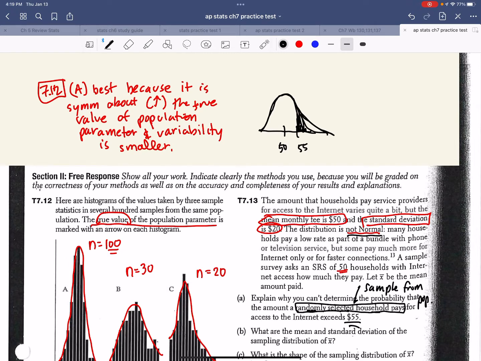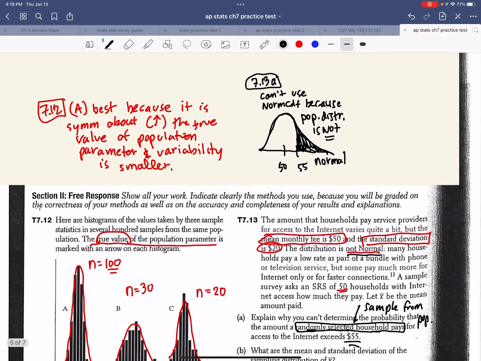So for A, I can't use normalcdf to calculate probability of something from the population, because the population distribution is not normal. Now, this won't stop us from making some type of probability calculation off of the sample. But if I'm pulling from the population, I can't.